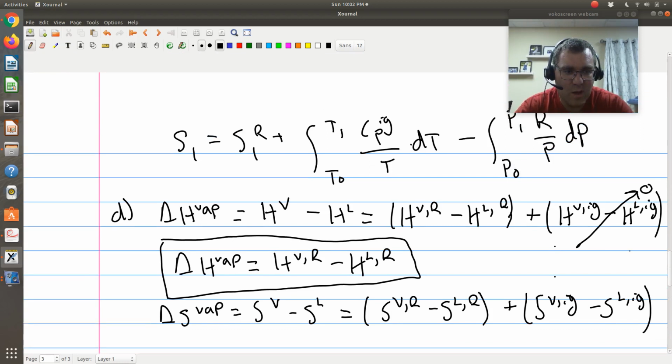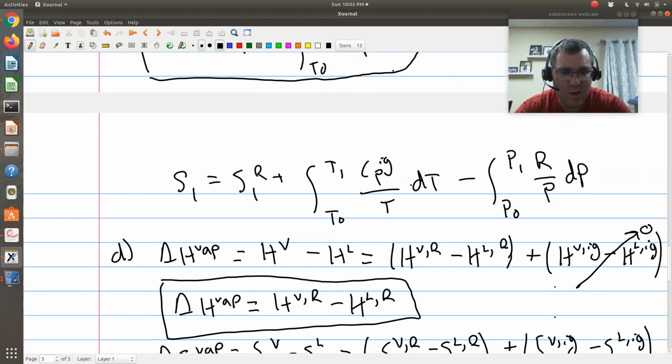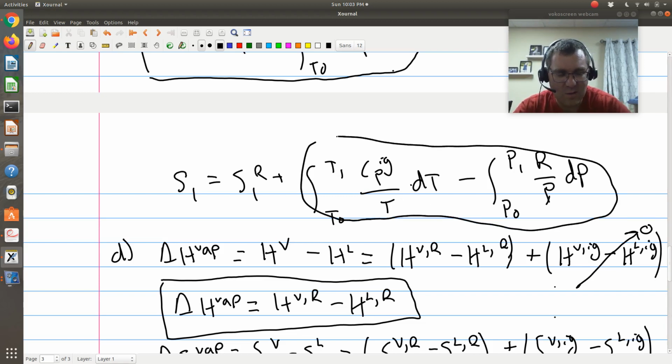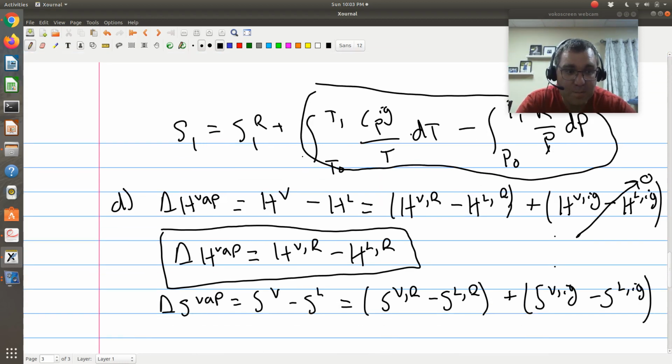We have the equation right here, if you can see my tiny little cursor. This is our ideal gas entropy. We said dS is Cp over T dT minus R over P dP.